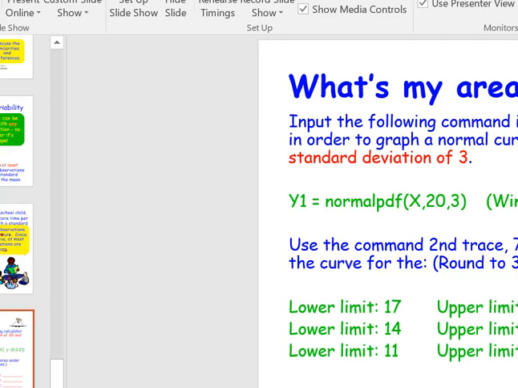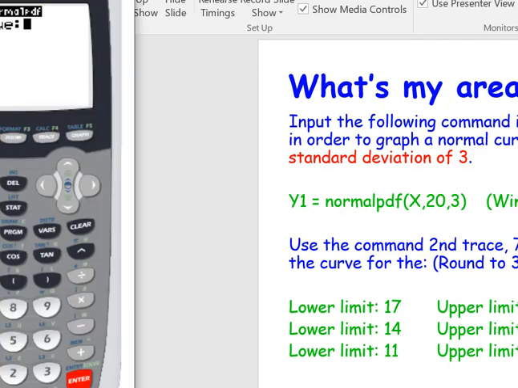X, 20, and 3. So our X value is just going to be X, put in our variable. Our mean is 20. Our standard deviation is 3. We're going to paste this in. Let me try that again. Oh, I had it entered correctly. It didn't show up on the screen because it was running off the edge of the screen. So there it is. It looks like it just says DF for degrees of freedom, but that is normal PDF.